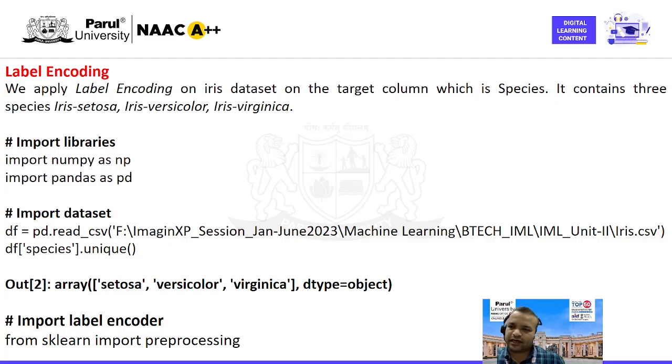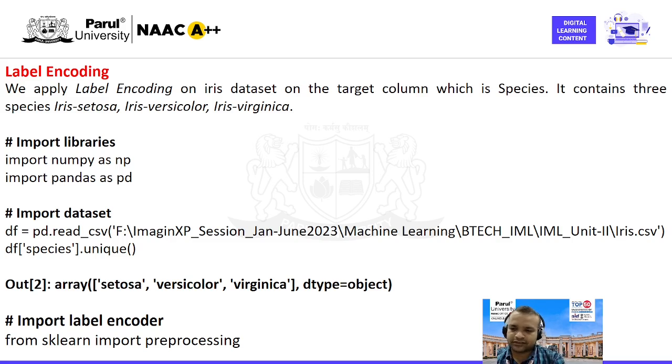So how can we apply label encoding on that dataset? Firstly, import the libraries; here we import pandas as well as NumPy. Import numpy as np, import pandas as pd. After that, import the dataset.